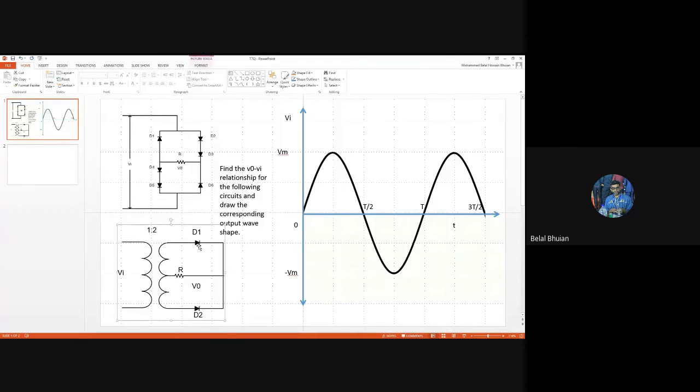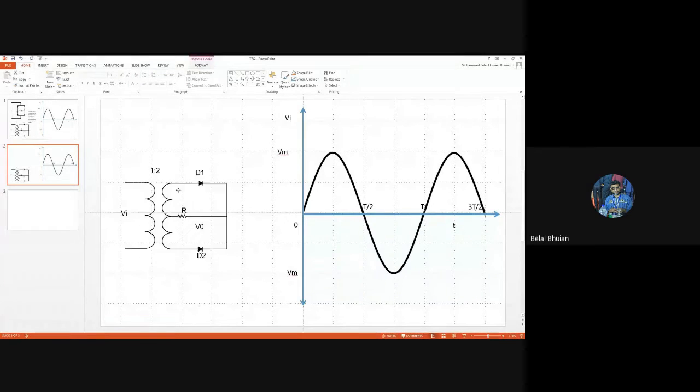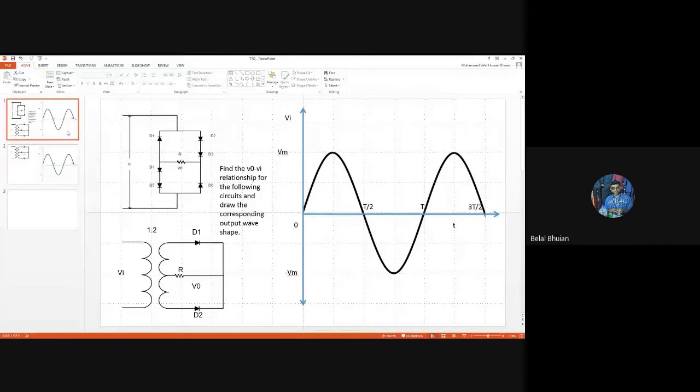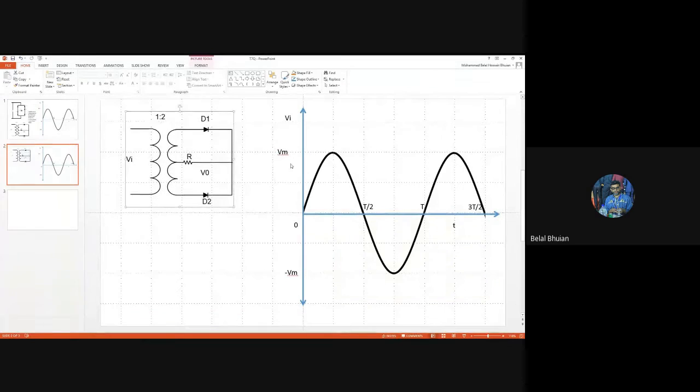So first of all, I'm going to solve the second problem, because the first problem is essentially the same problem that has been delivered in the class. So remember, in the lecture, we said that there are two ways we can obtain full wave rectification.